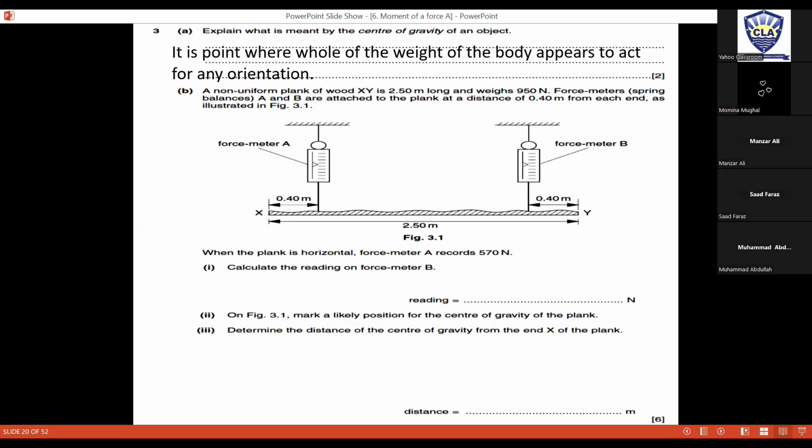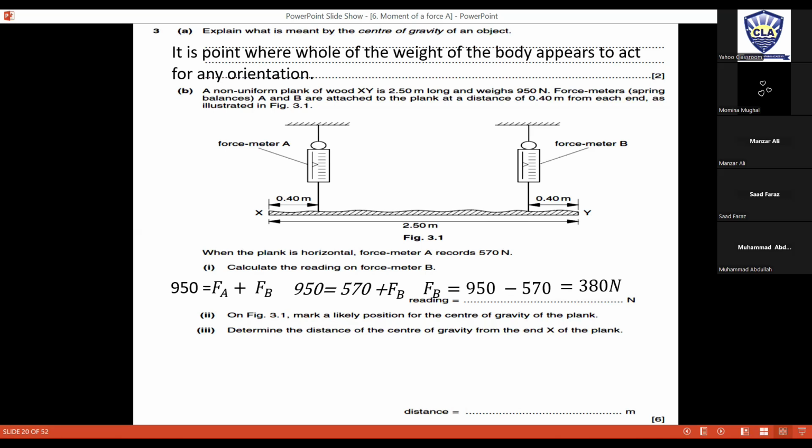What is the force representing Newton meter B? Remember that the object is in equilibrium, so upward forces must be equal to downward forces. Upward forces are FA and FB. Downward force is 950, and from there, FB comes out to be 380 newtons.